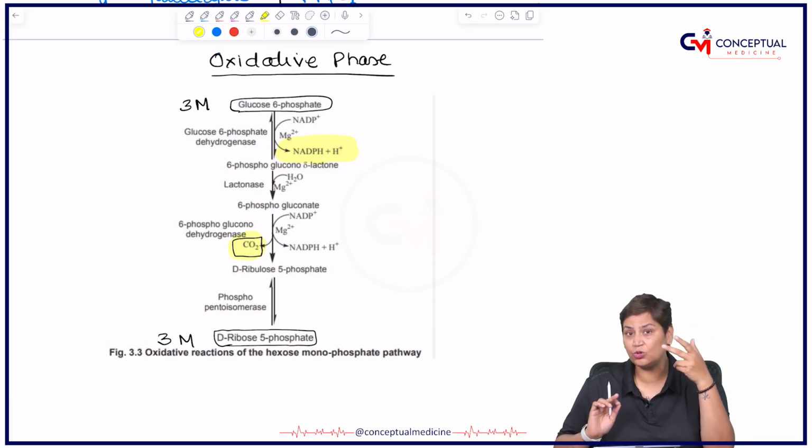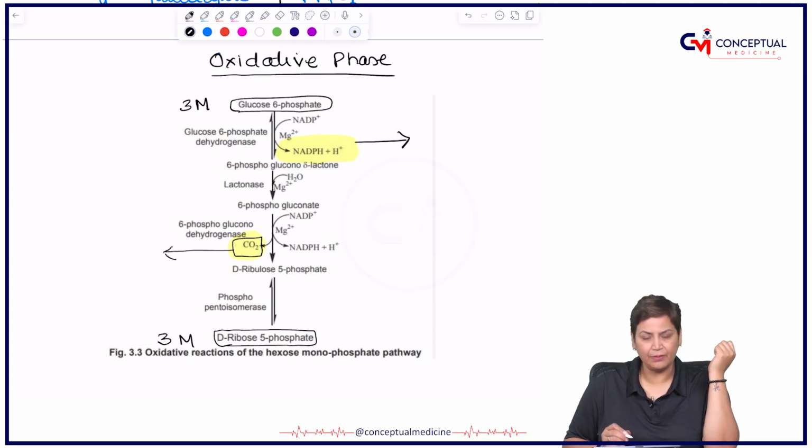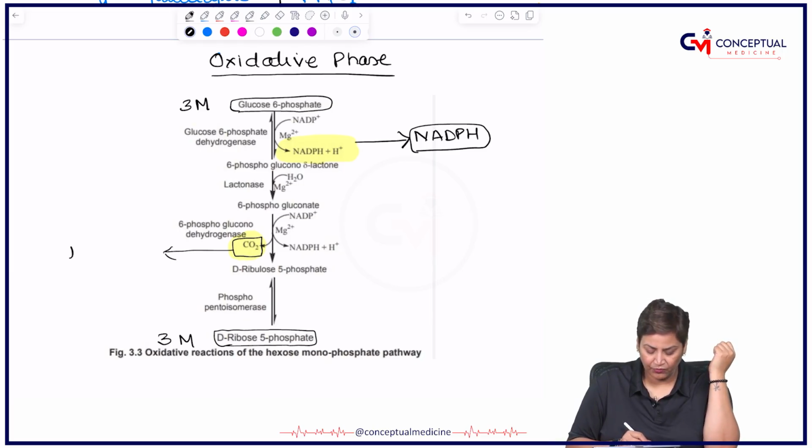So you can notice 2 things here. One is that NADPH is being produced, right? And CO2 is being liberated. So I can say that NADPH will be produced and CO2 will be liberated.